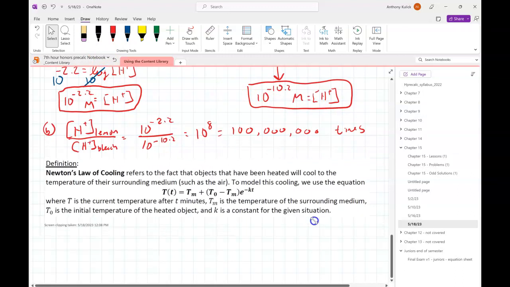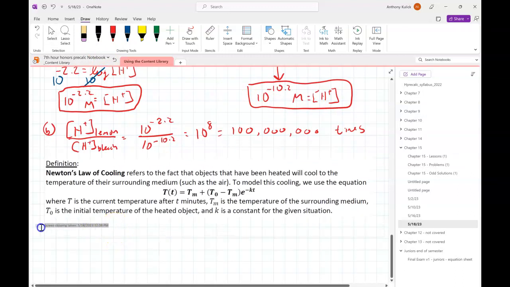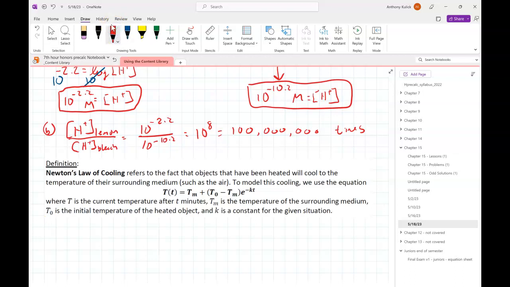All right, and our last example situation before we move on to the next stuff is another physics-y one, or chemistry, depending on where you call it: thermodynamics. Yes, sir. Absolutely. So this is about Newton's law of cooling. It refers to the fact that objects that have been heated will cool to the temperature of their surrounding mediums.